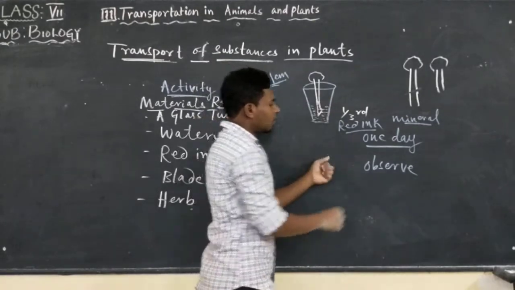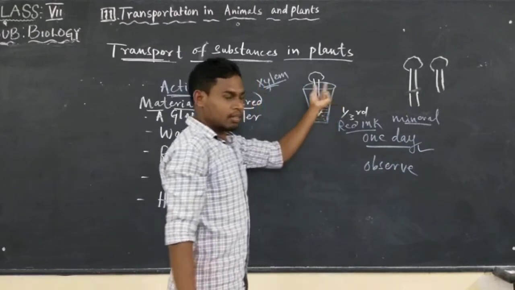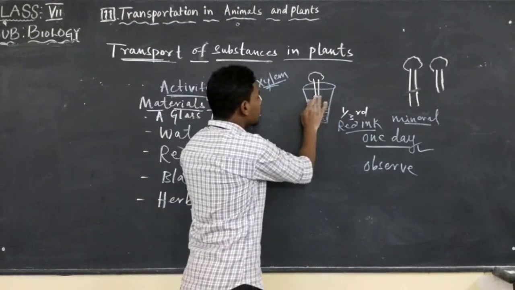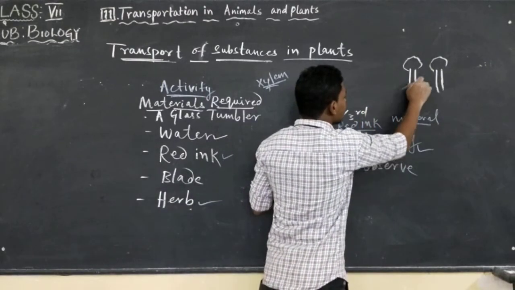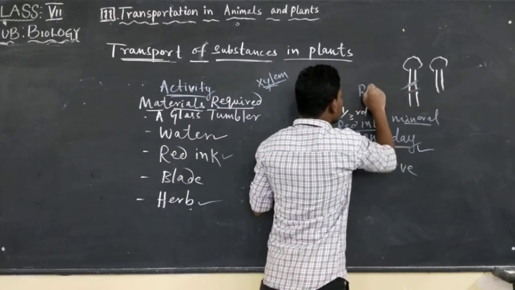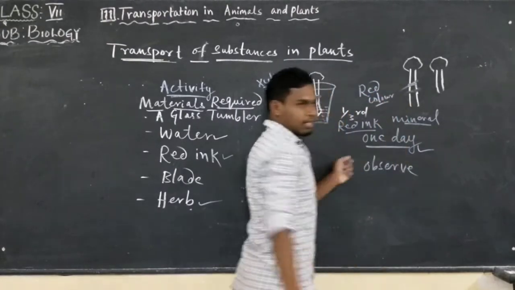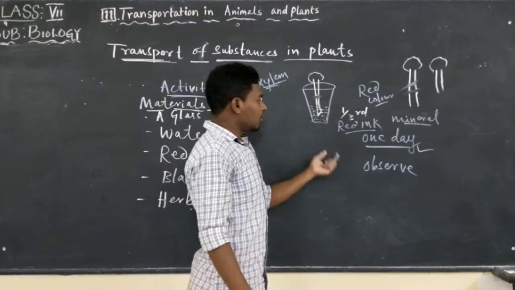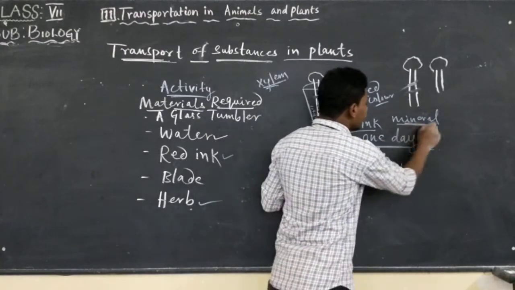So after one day, if we cut the stem, we will find here, for example, red color. Why is it red? Because xylem conducts water. When it is conducting water, it also carries what?